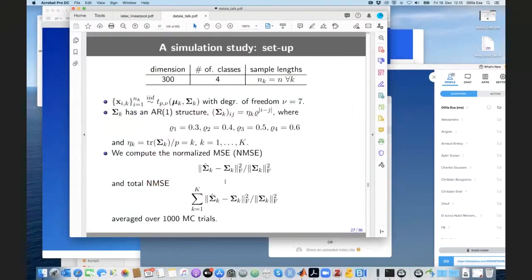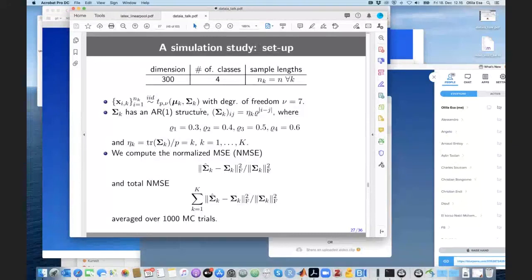I'm going to show you how this works in a small simulation study. I have a dimension equal to 300. I have 4 classes, and for simplicity, I assume that we have an equal number of observations from each class. I generate the data from a t-distribution with 7 degrees of freedom. Then I have a different covariance matrix for each class.